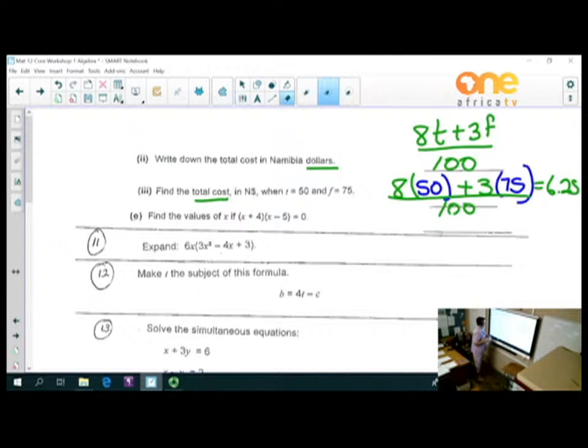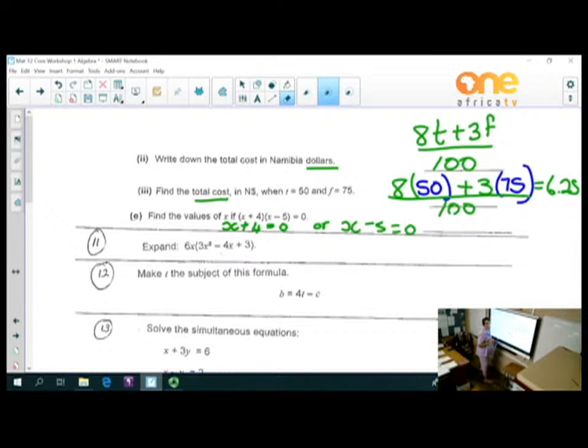And at E they say, find the value of X in this one. Now here we reason, this is quadratic equations, and here we reason to get an answer of 0, either this one or this one must be equal to 0. So I'm going to say that X plus 4 is equal to 0, or X minus 5 is equal to 0.